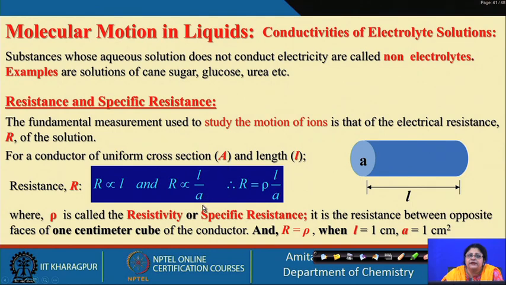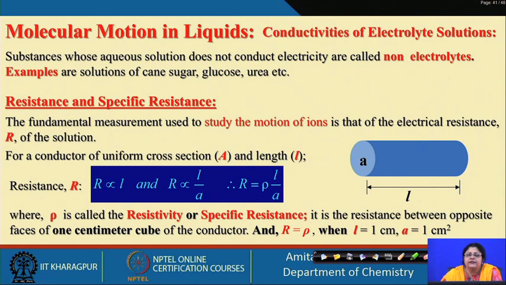So, please make a correction, this is the capital A. If you have a uniform cross section area A of a conductor and you have a length L between them, then the resistivity or the specific resistance is the resistance between the opposite faces of the cell, a 1 centimeter cube container of a conductor.